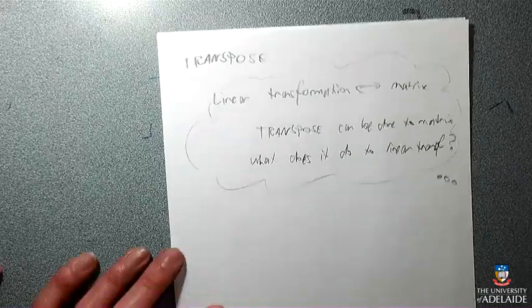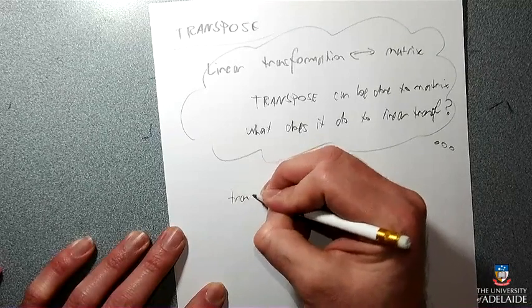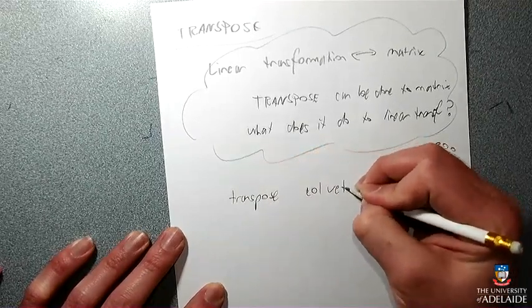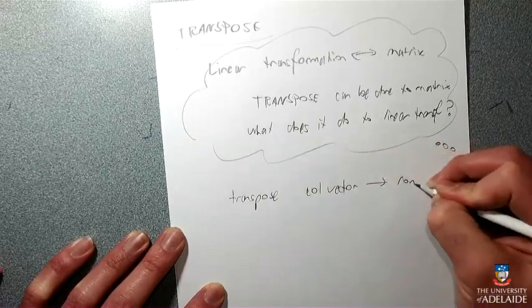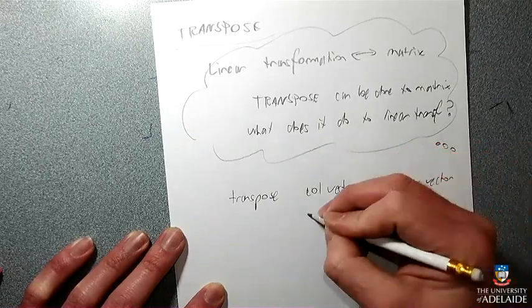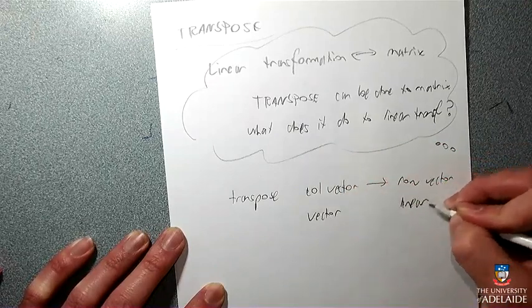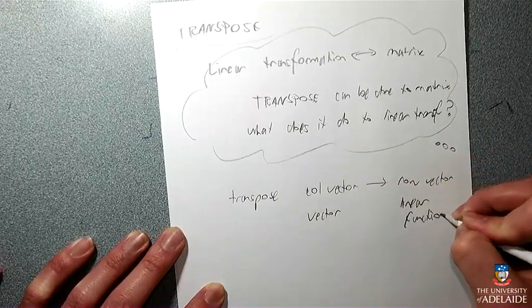So we already have that. It turns the column vector into a row vector, and this was a vector, and this was a linear functional.